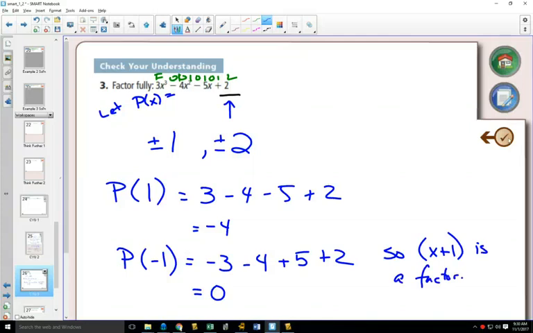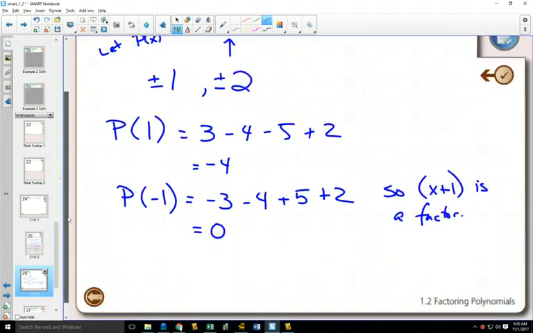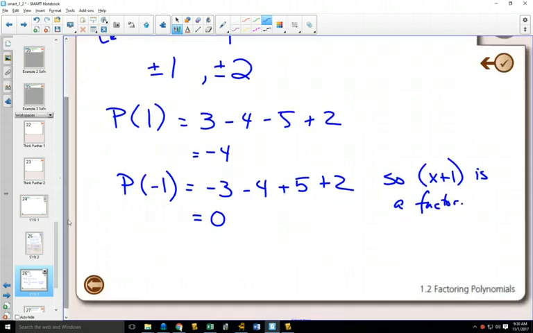We change signs so often in this that that's one of the parts that people get confused on. Sometimes they overchange signs, sometimes they don't change signs, so be careful with that. So once you find one factor, then you can use synthetic division.